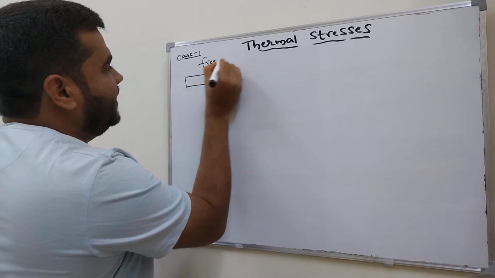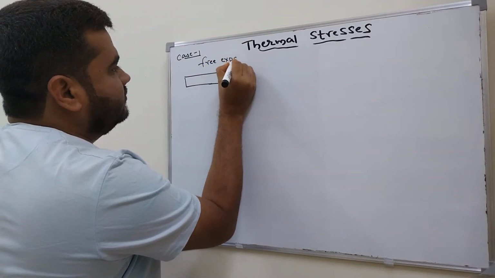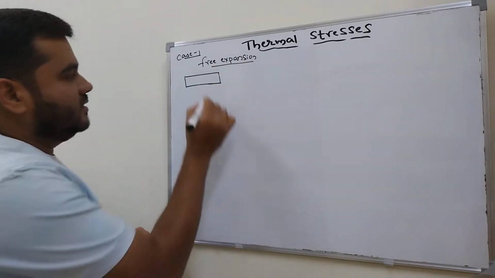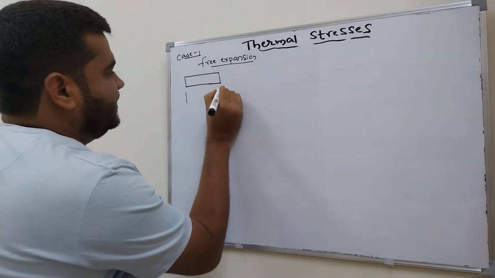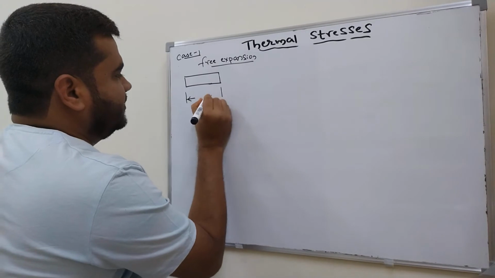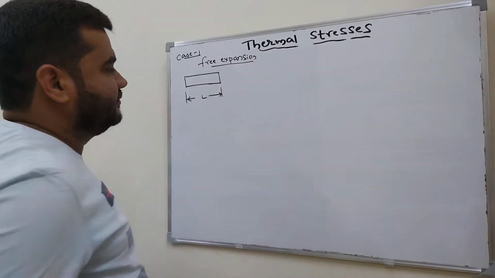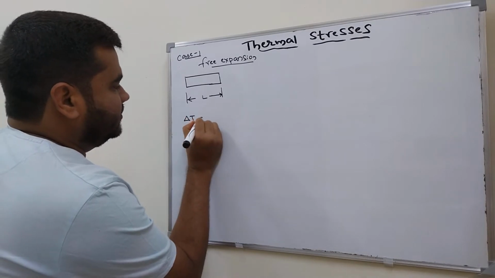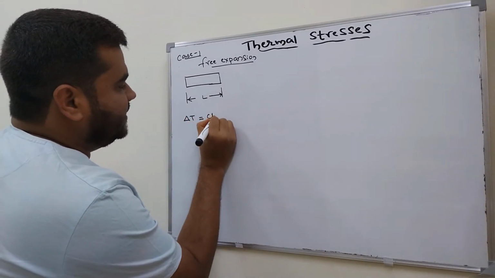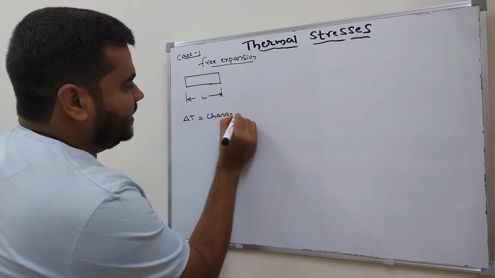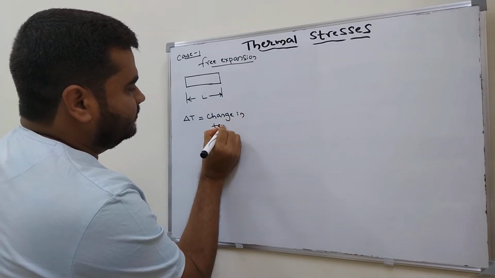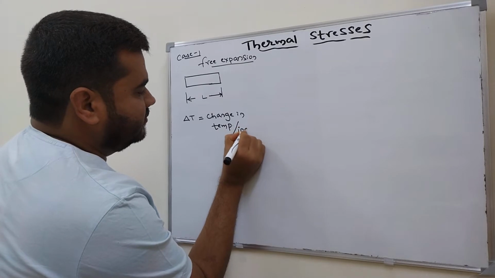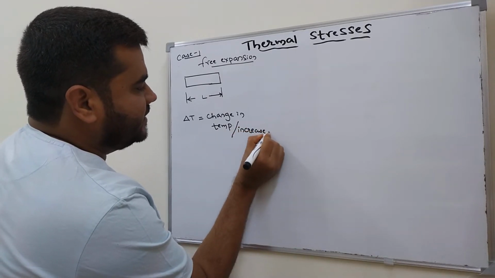The body is there and its length is L, and delta T equals the change in temperature, the increased temperature.